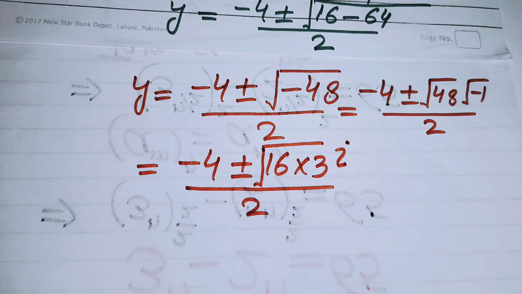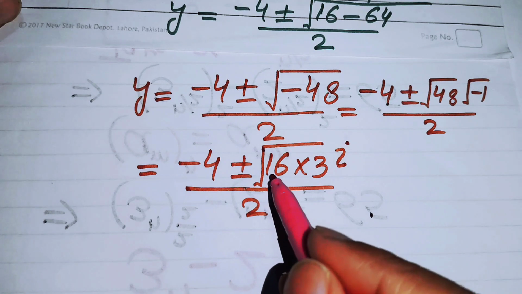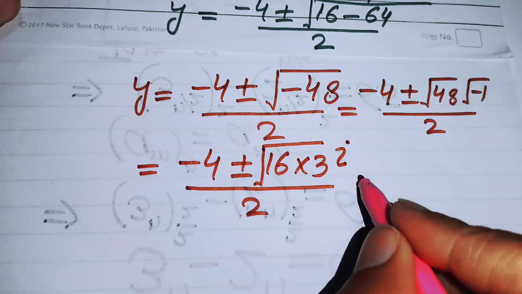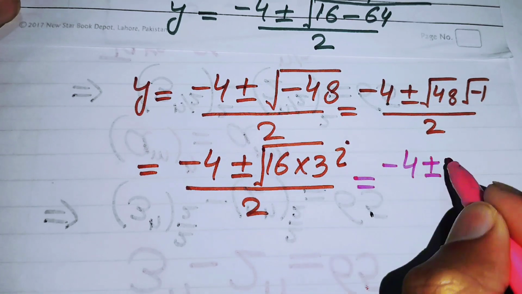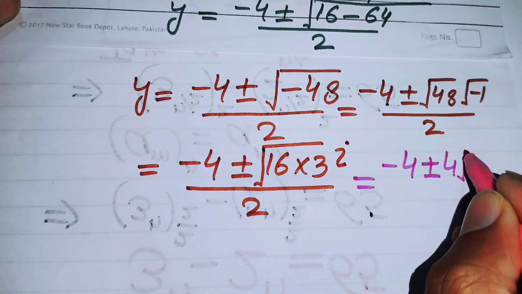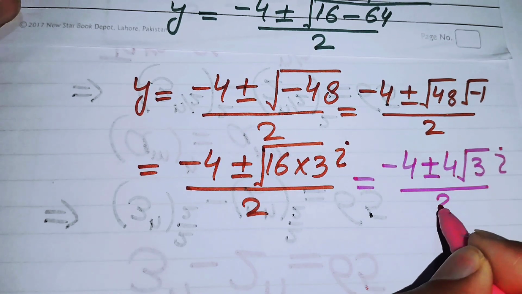In the next step you will just take the square root of 16, and we will write it as minus 4 plus minus 4 times square root of 3 iota over 2.